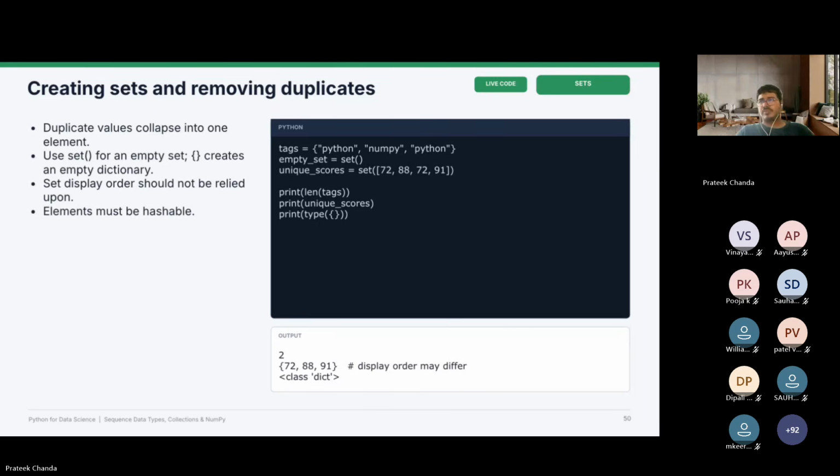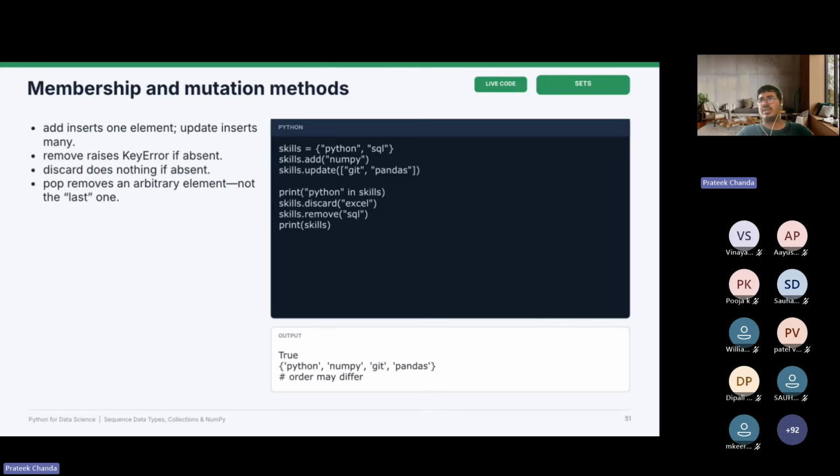So yeah, this is some of the things here, and you now have to look at this thing called membership and mutation. So, for example, if you want to add a new element or insert many items at the same time, you can do .add, and it would add this item to the set.